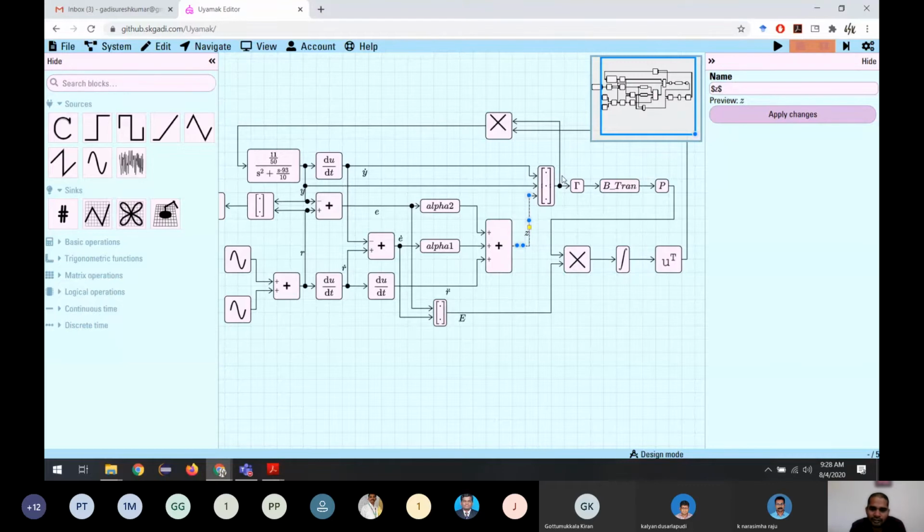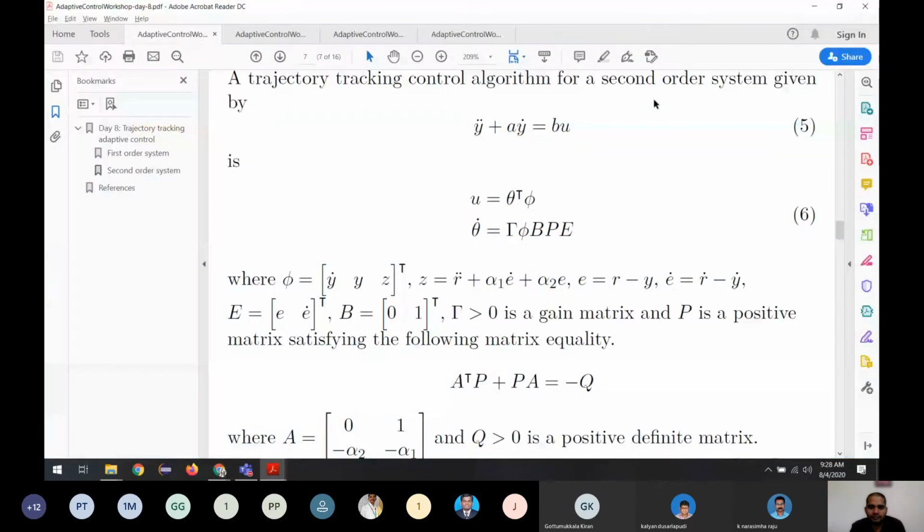If you concatenate all these three, what we get here is phi. So we have phi. The only thing missing is the theta.